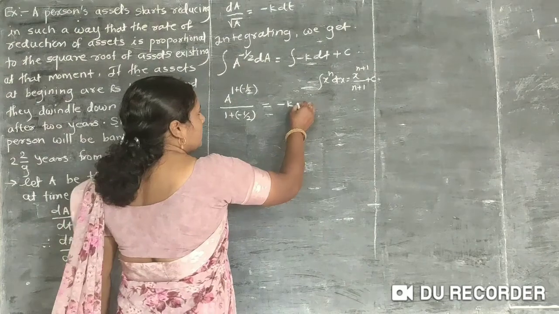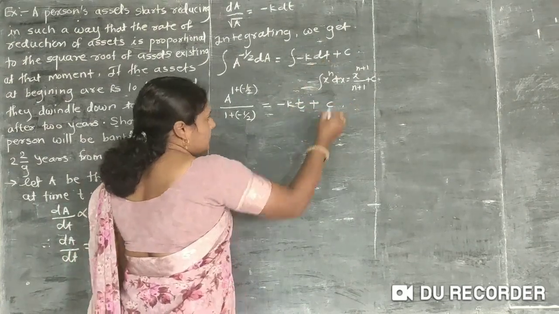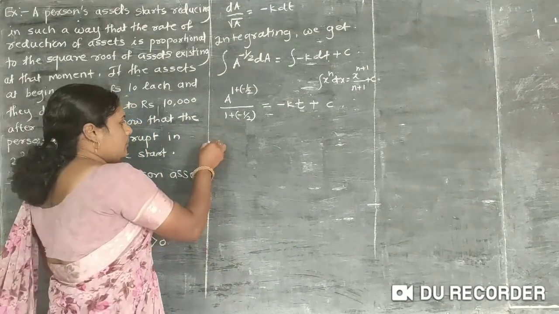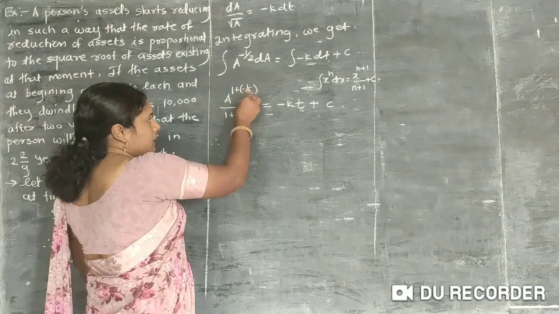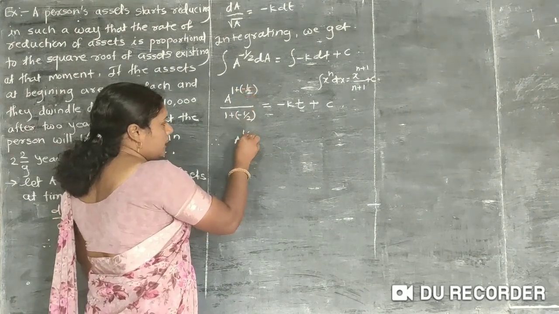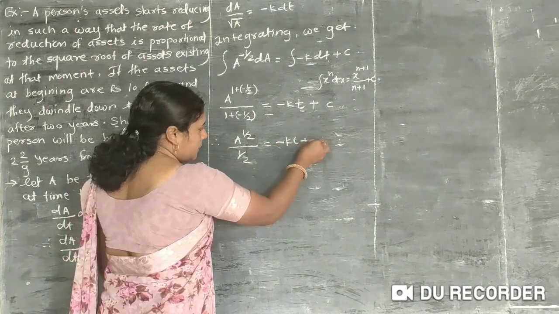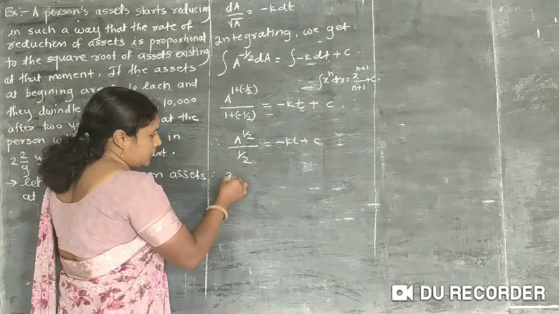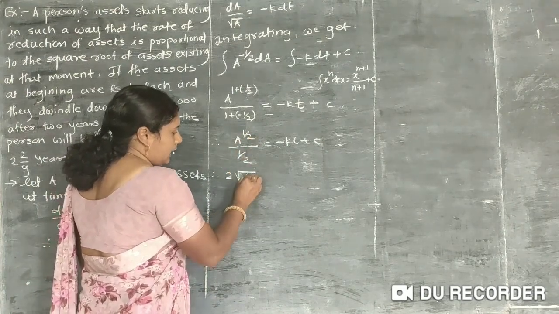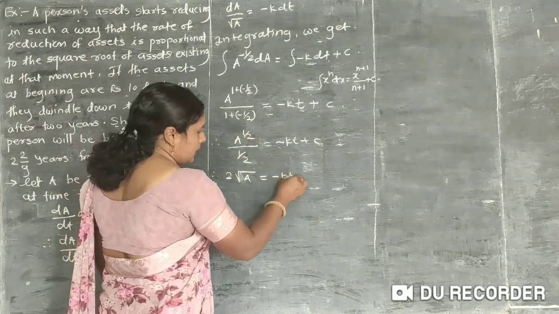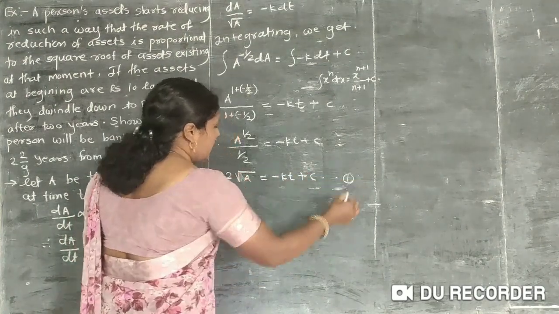Integration of 1 with respect to t is t plus integration constant c. Therefore, 1 plus minus 1 half is A raised to 1 half upon 1 half, equal to minus kt plus c. Therefore, it is 2 into A raised to 1 half, that is square root of A, is equal to minus kt plus c. This is equation 1.